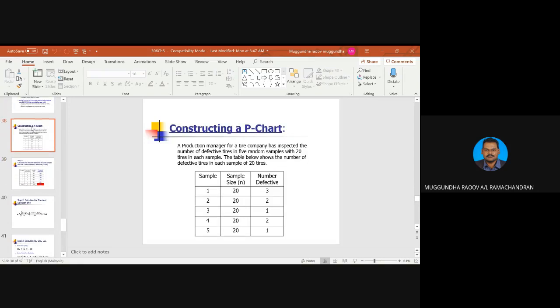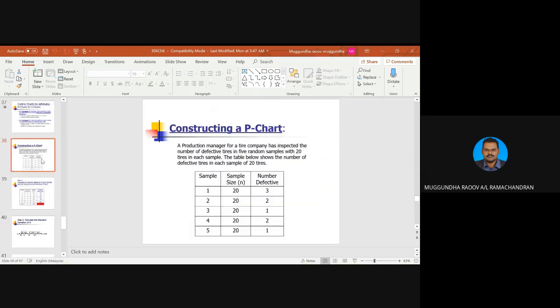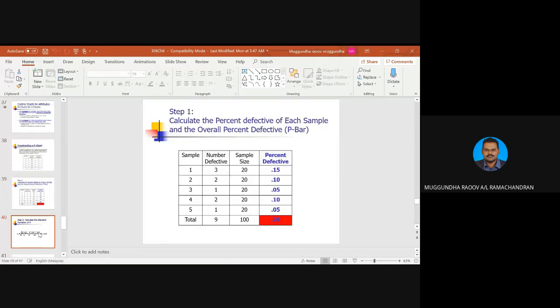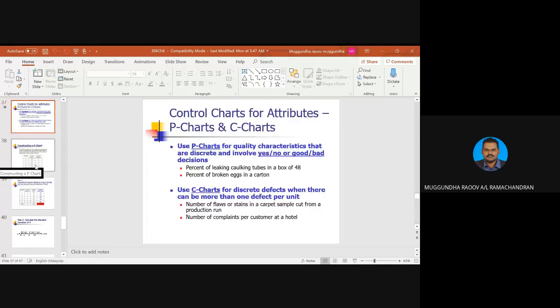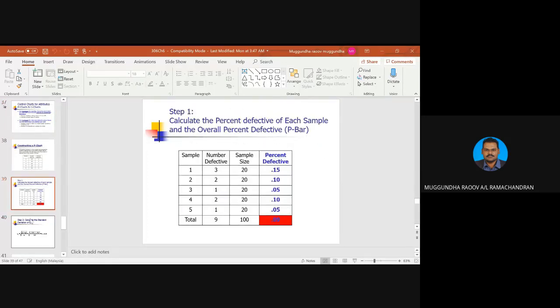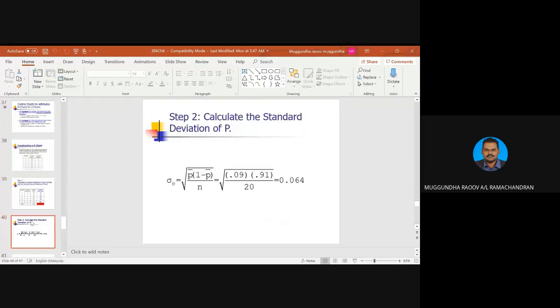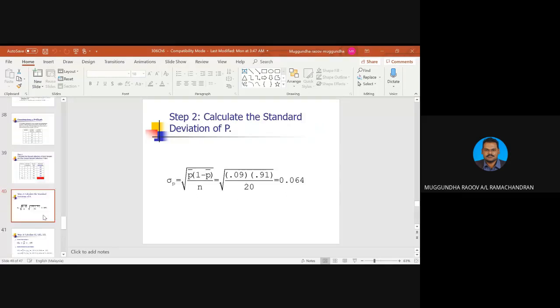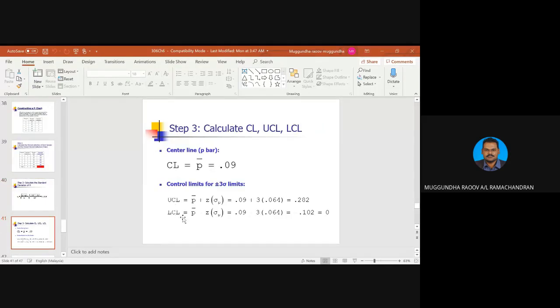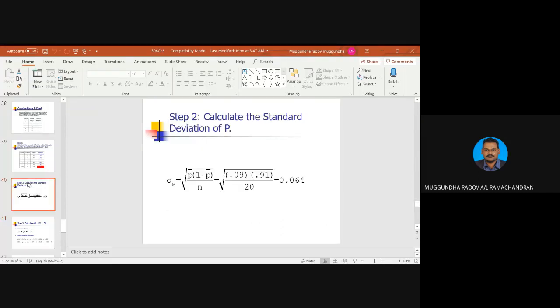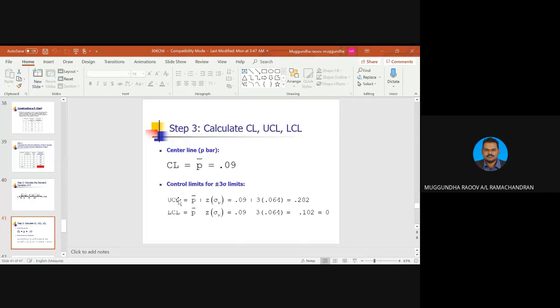Most of the cases they will mention the limits. In this question they didn't mention it, but usually in your exam questions they will clearly mention your limit. Here, when you calculate the upper and lower control limits, the limit is 3. So 0.064 is here, your standard deviation. Now your upper control limit and lower control limit values are ready.